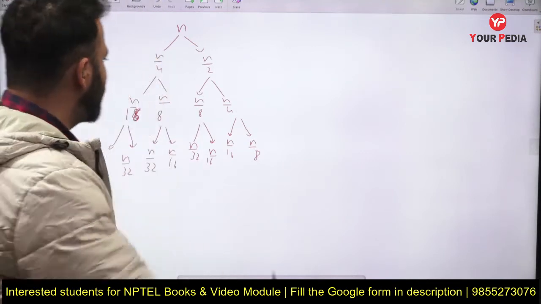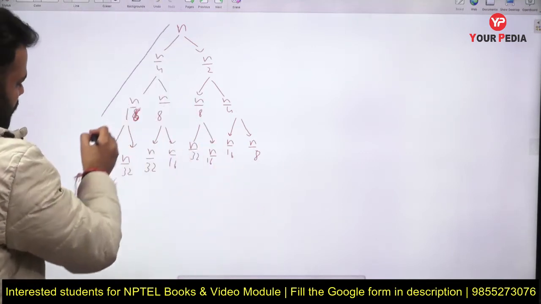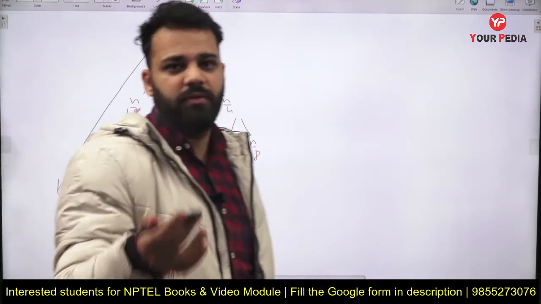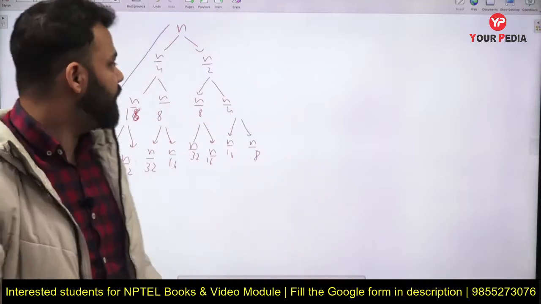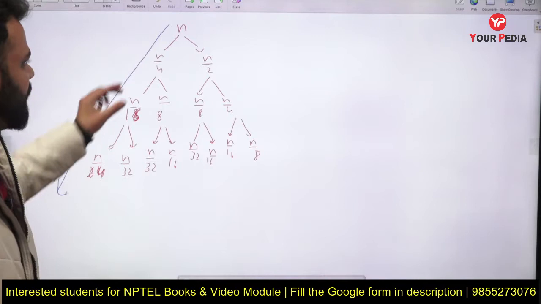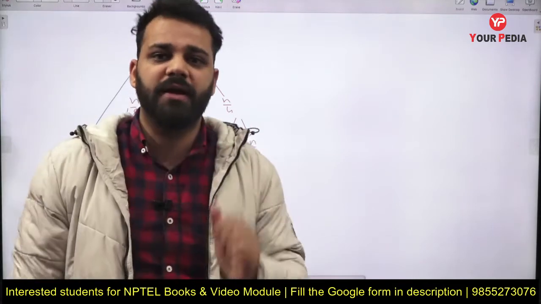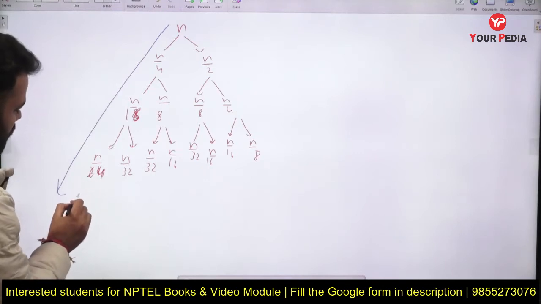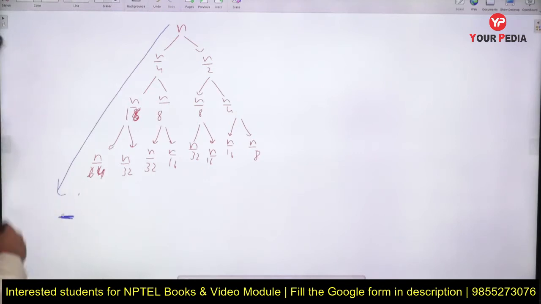Now if you look at this side of the tree, every element is being divided by 4 when you move on to the next level. So when you are dividing by 4, this side will be completed first because you are dividing by a bigger number. So let's assume this line stops here.